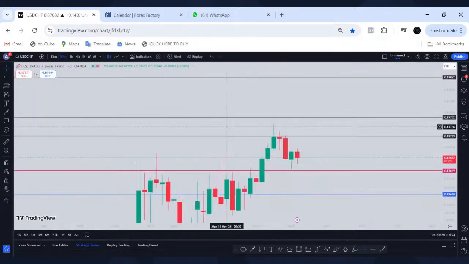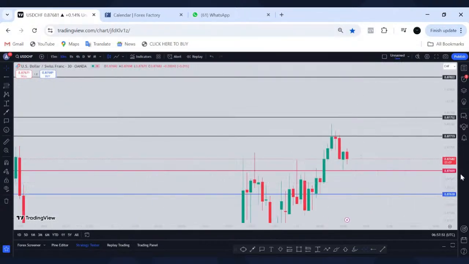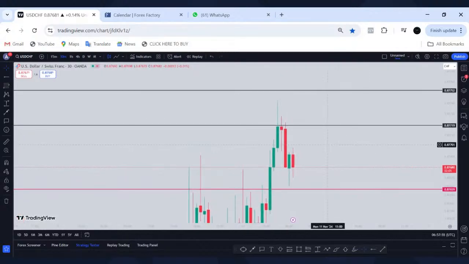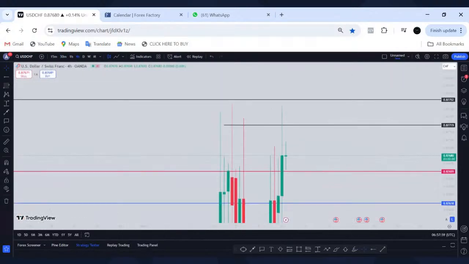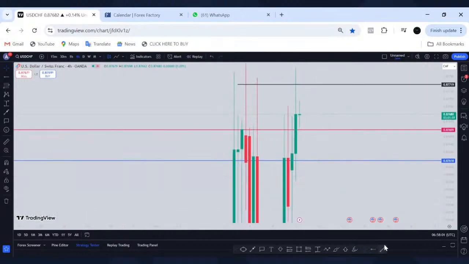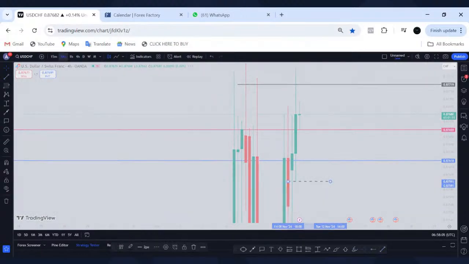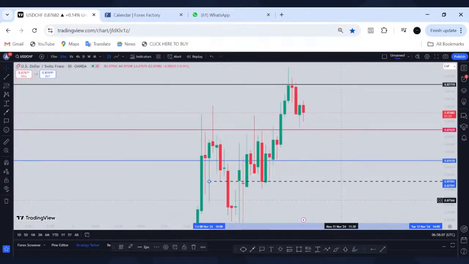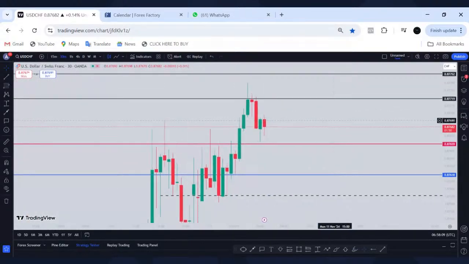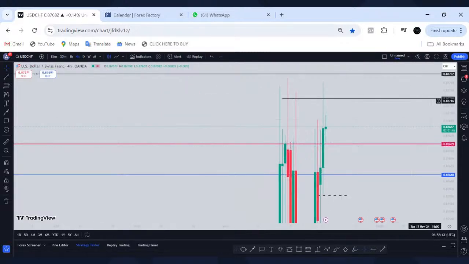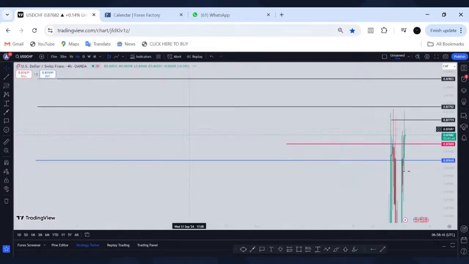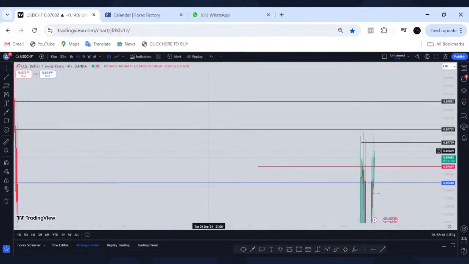So I want to get the entry, like get in very early. So let me check the stop loss level.